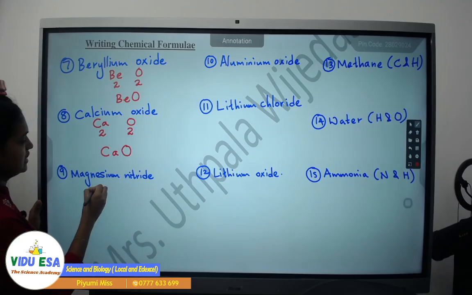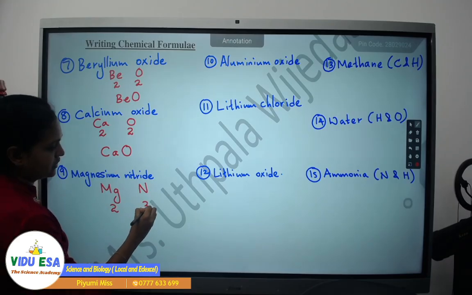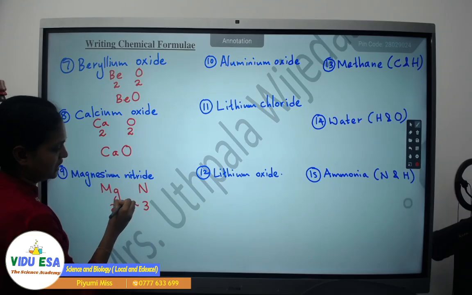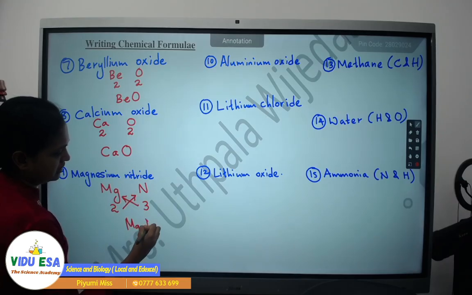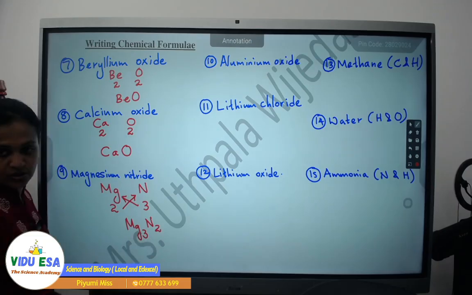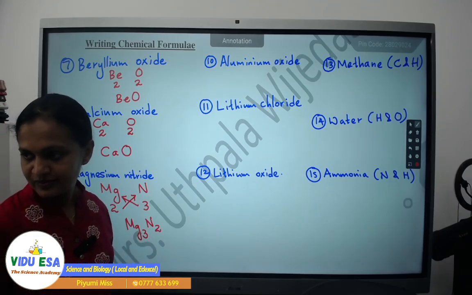Then magnesium nitride, magnesium and nitrogen. Magnesium has valency 2. Nitrogen has valency 3. Exchange, Mg3N2. Mg3N2 is the formula of magnesium nitride. Right?